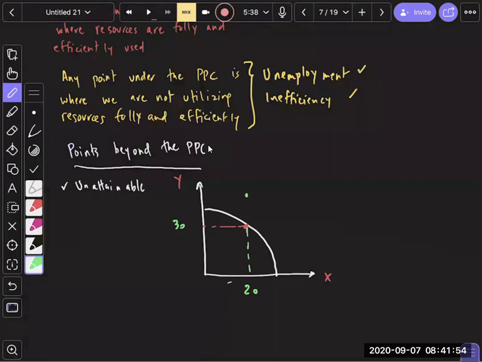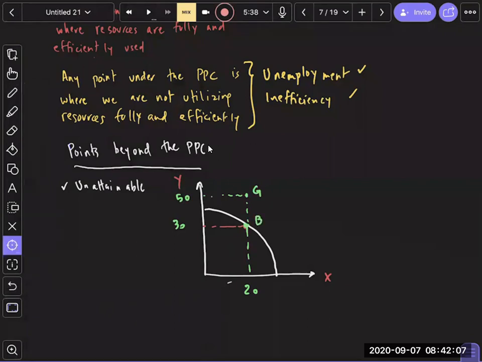Let's call this point G. Can I get 50 of Y? And the answer is no, I can't, because the maximum I can get is this point B, which is 30 of Y for every 20 of X. I can't get 50.